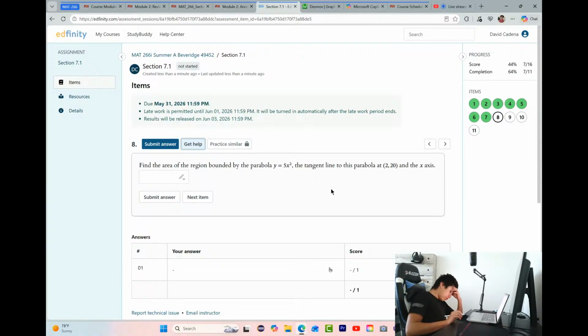How about -2 and -2? So we have x equals 2. That's the only intersection point.